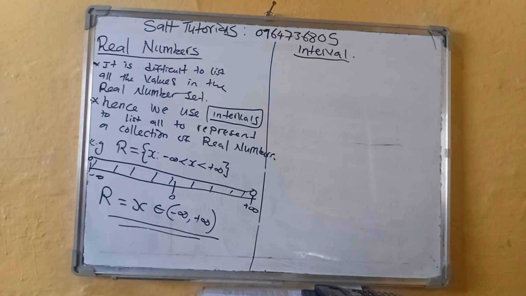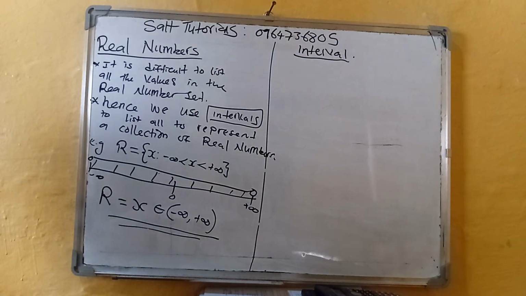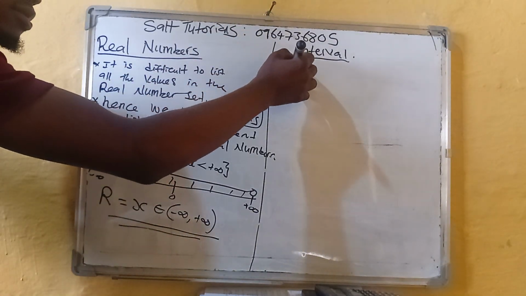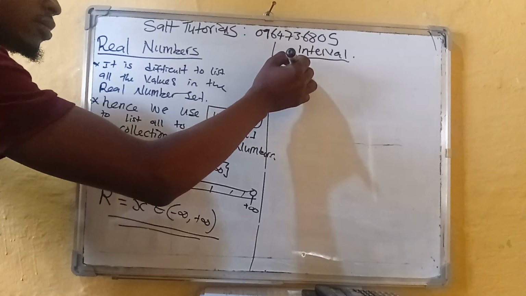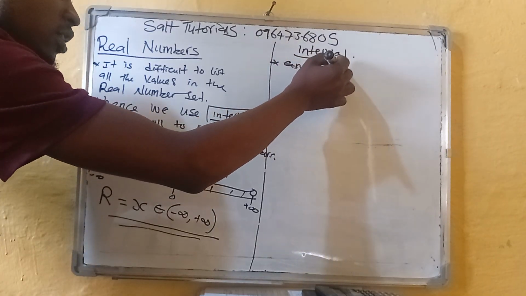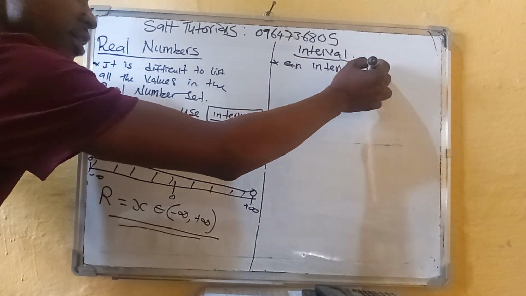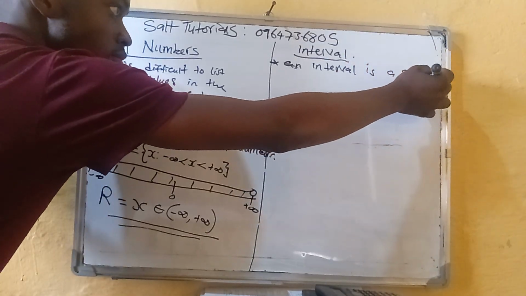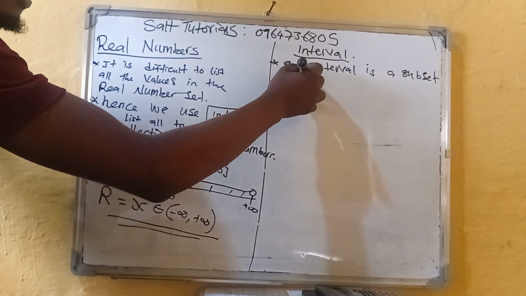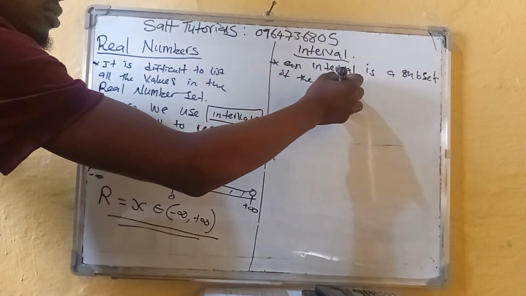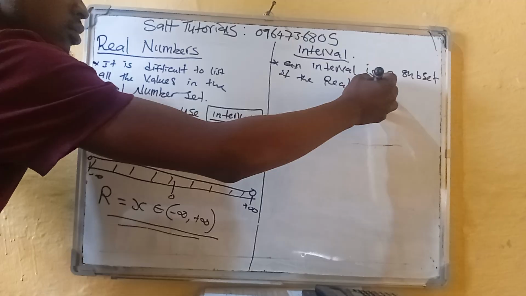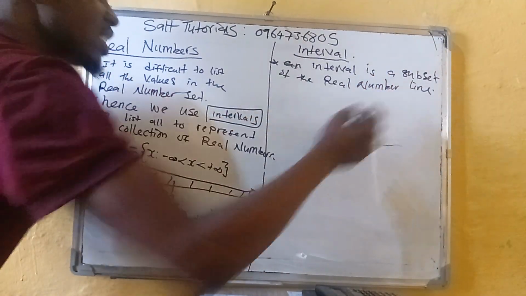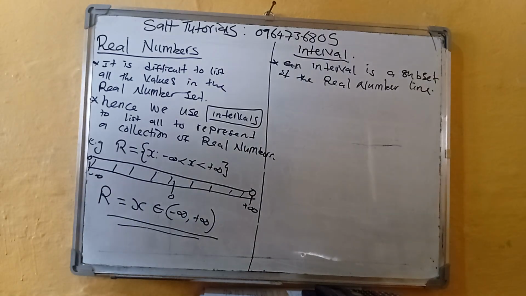So, from the aspect of what intervals are, what are we simply saying? We are simply saying that an interval, in simple language, is a subset of the real number line. A subset of a real number line is basically an interval.